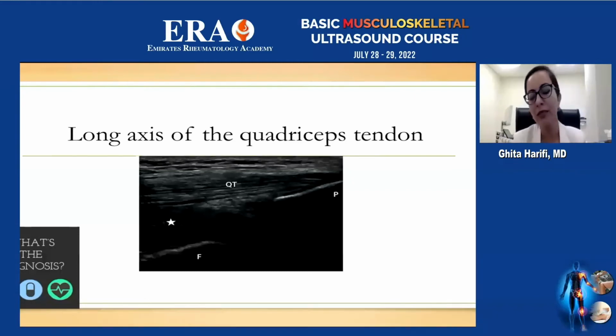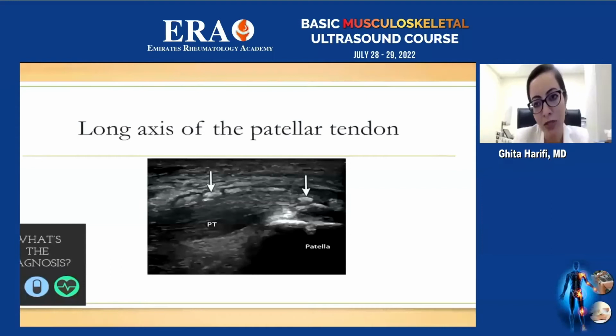You can see it also in villonodular synovitis, so in pseudotumoral pathology. But sometimes you get something more diffuse, an effusion or a material with some internal echoes. This is typically seen in hemarthrosis, when there is bleeding inside the joints, typically in some hemopathies.